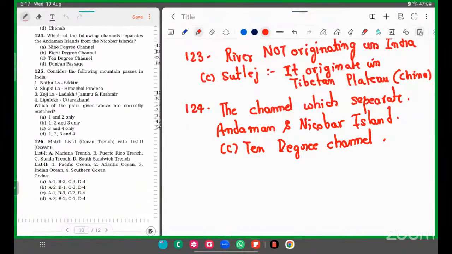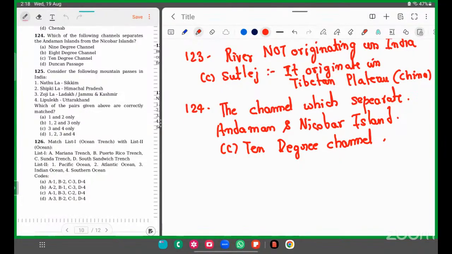Coming to the next question, you have to find which mountain passes belong to which region, and we have to match this. Going by the options, the first given is Nathula in Sikkim, which is correct. Sipkila is present in Himachal Pradesh, which is also correct.